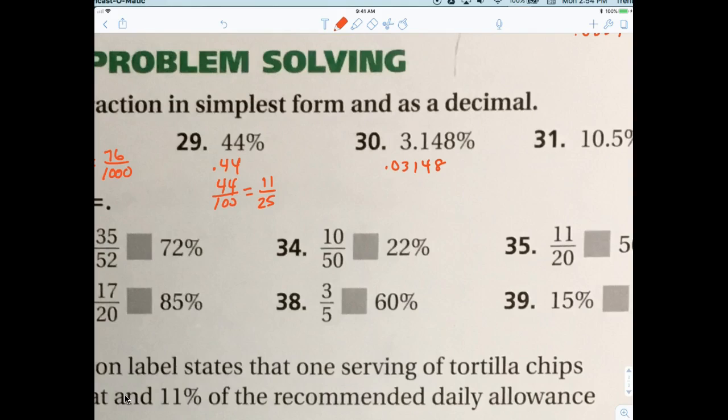Tell me what that'd be as a fraction. 30,148 over 10... Is that correct? Let's see if he's correct. Tenths, hundredths, thousandths, 10,000ths, 100,000. Double check that, please. Let me try it one more time to make sure.